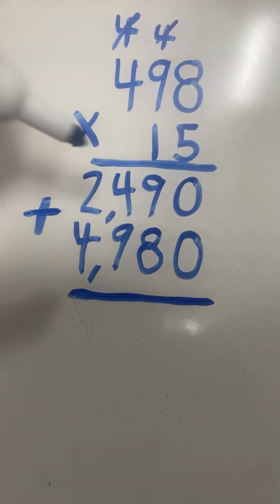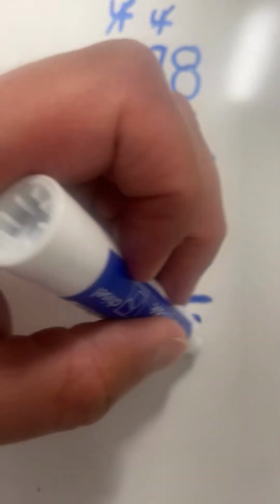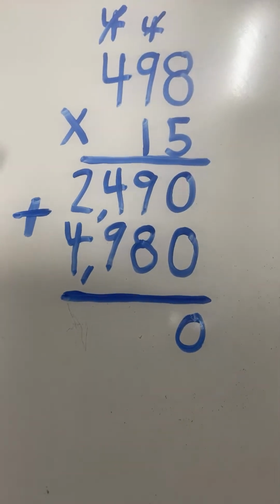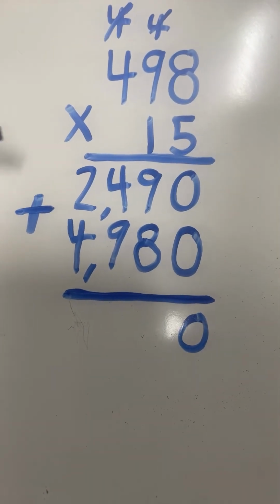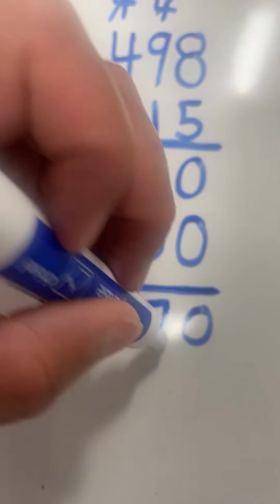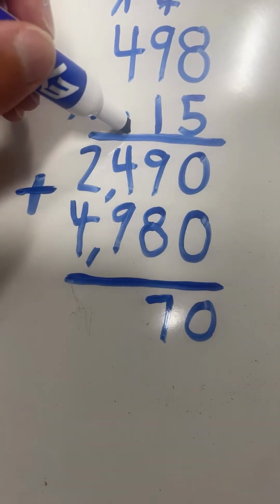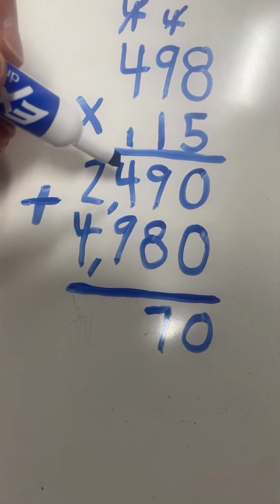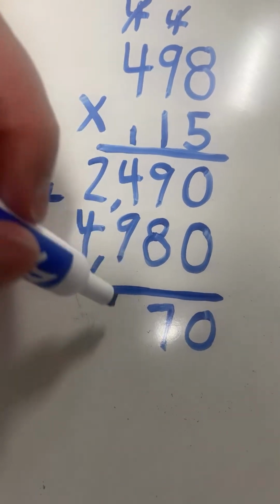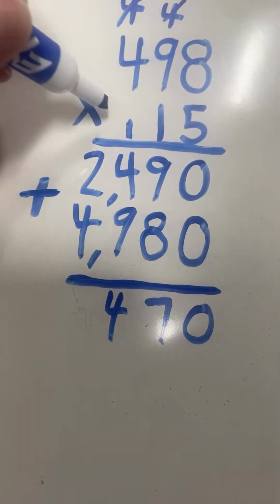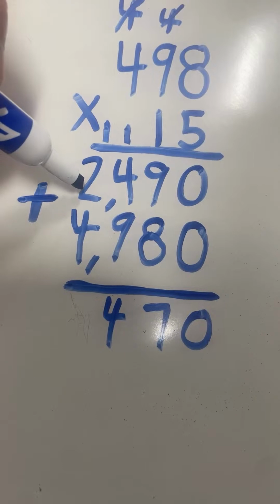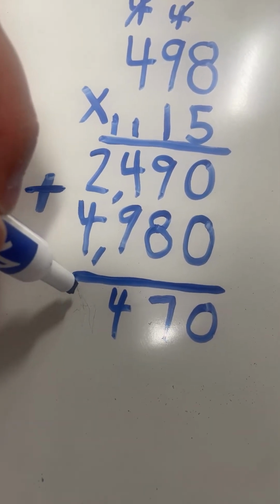All right, so starting in the ones place, 0 plus 0 equals 0. 9 plus 8 equals 17. 7, carry the 1. 4 plus 9 equals 13, plus 1 equals 14. 4, carry the 1. 1 plus 2 equals 3, plus 4 equals 7.